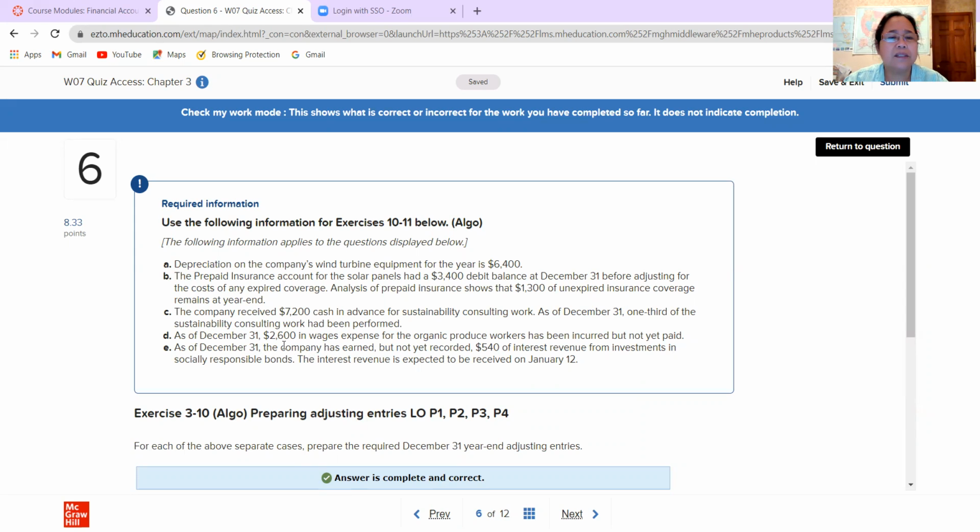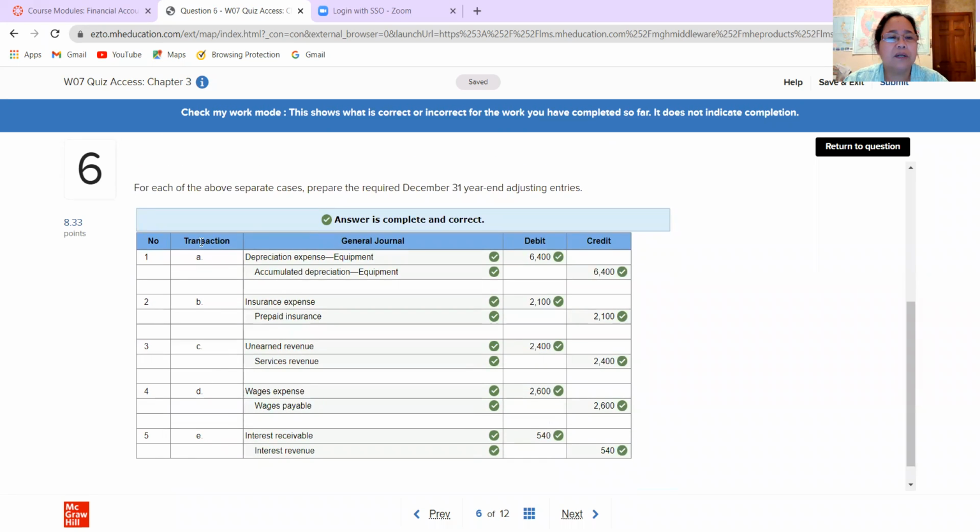So in this case, you enter transaction D, and then you enter wages expense, and you debit 2,600, and then wages payable, you credit 2,600. So you enter the wages payable in the credit side, and the wages expense you enter in the debit side.